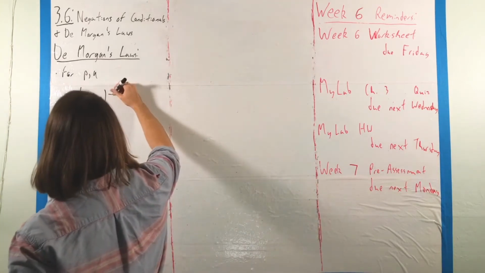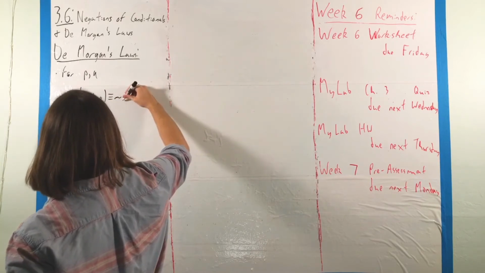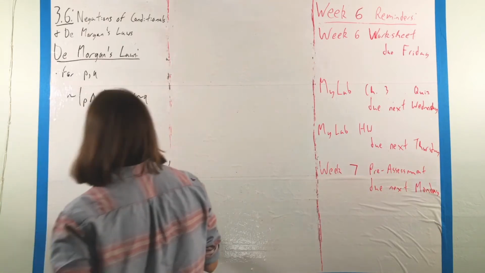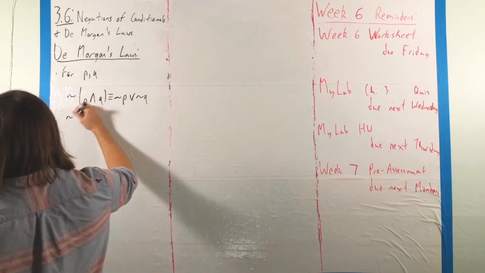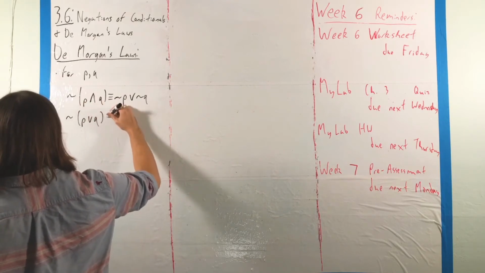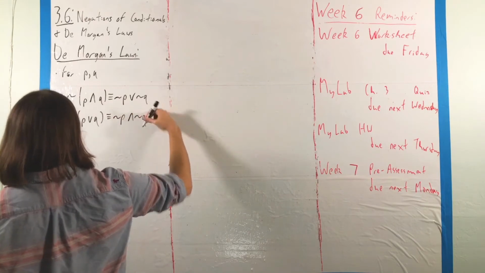So the negation of P and Q becomes not P or not Q. And similarly, if we negate P or Q, we get not P and not Q.